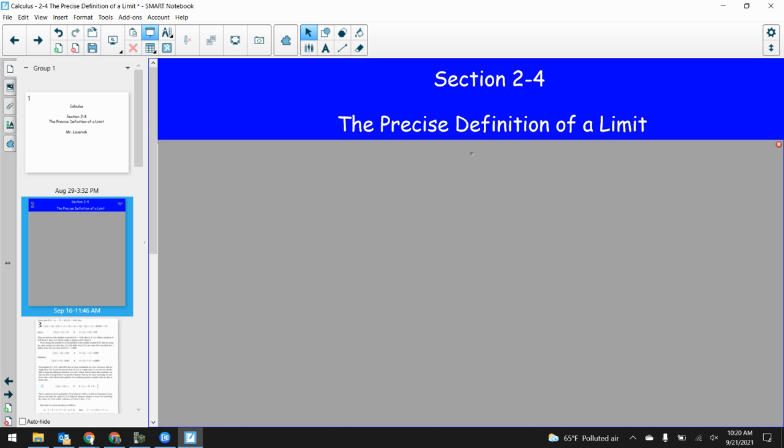If x gets closer and closer to 1, the y values are going to come out to be some number, and that number is going to get closer and closer to the actual value of the limit. How close? Epsilon close. So we choose a delta, close enough, and we see where that epsilon comes out to be. That's really what we're going to be looking at today.